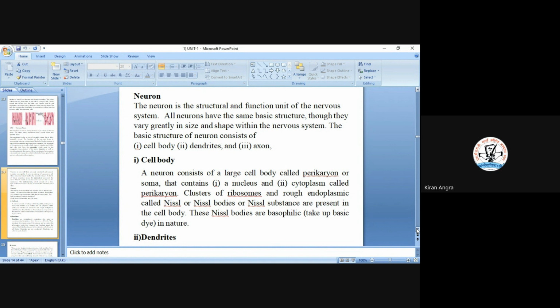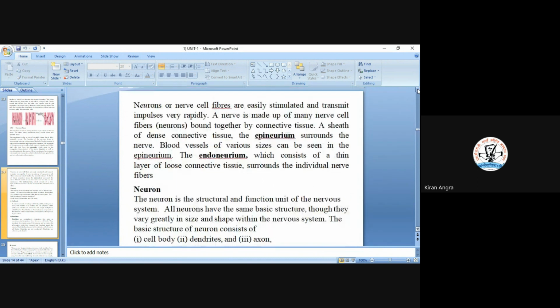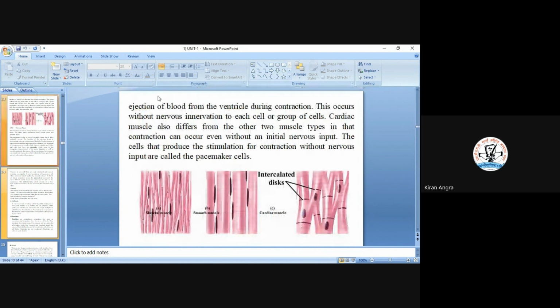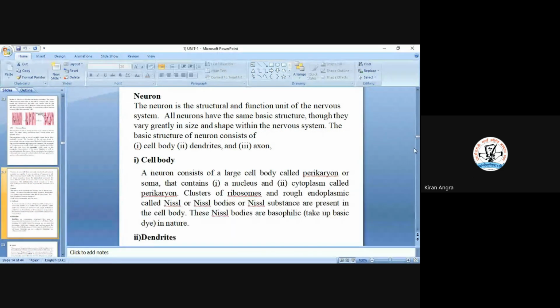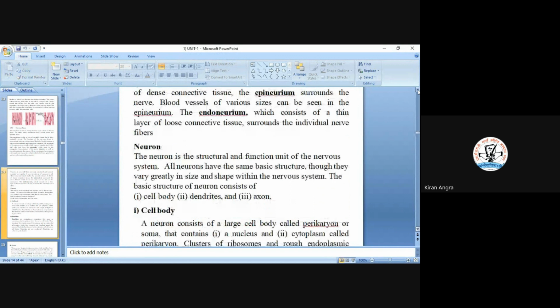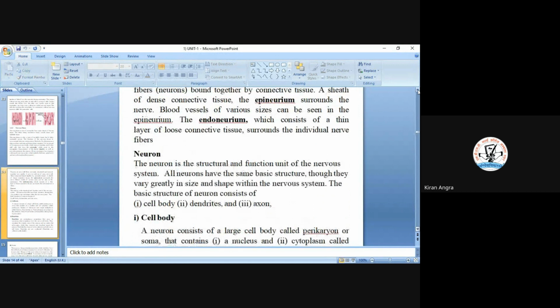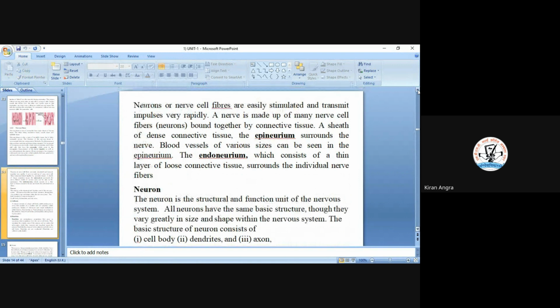There are many injections, if you study, that are given in the spine, epineural injections. So it is this connective tissue layer, the epineurium. It has blood vessels of various sizes in it, and there is loose connective tissue here. Basically, it is the sheath of dense connective tissue which covers and surrounds the nerve.